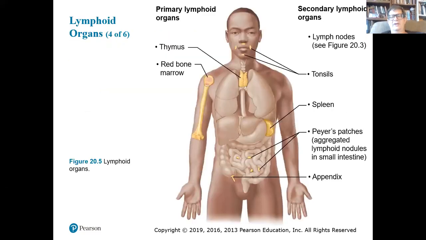So here's a picture. You're going to see this picture multiple times, but it shows things like your tonsils, your thymus, your bone marrow, your spleen, your tiny little appendix down here, Peyer's patches, which are just collections of little lymphoid nodules that are in the small intestine. Why?